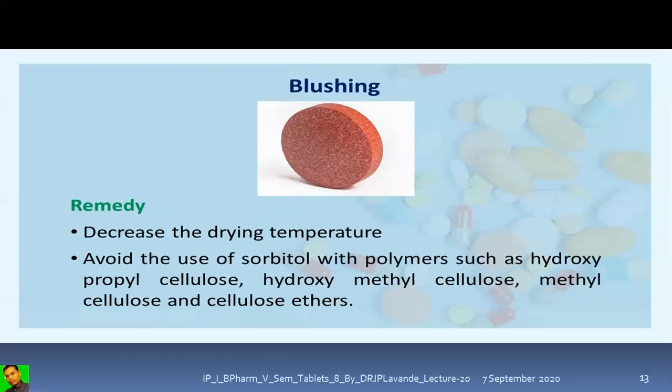If the drying temperature is reduced, that will not allow the blushing effect to occur. Also avoid the use of sorbitol with polymers such as hydroxypropyl cellulose, hydroxymethyl cellulose, methyl cellulose, and cellulose ethers. If we avoid the use of all these, we may correct the blushing effect.